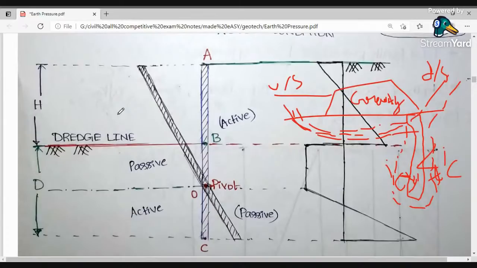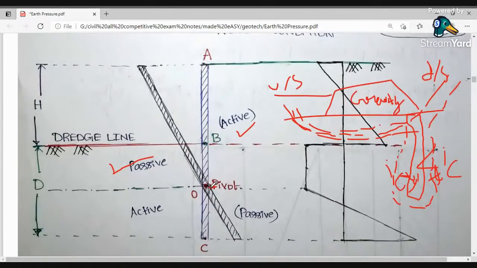In the case of a sheet pile, the soil above the dredge line, that is the ground level, always has an active state. Then below the dredge line it always has a passive state.